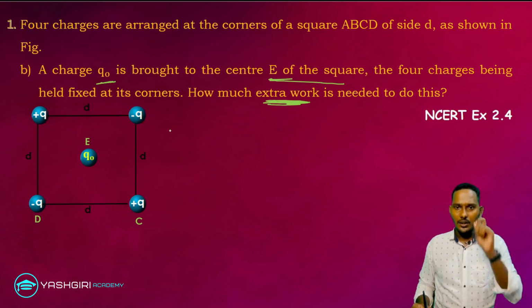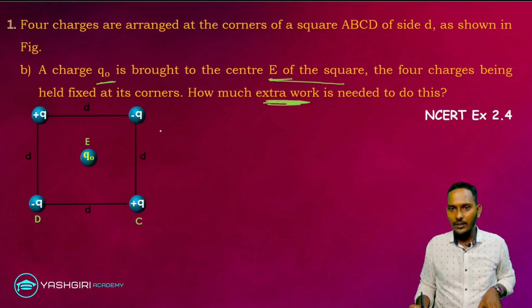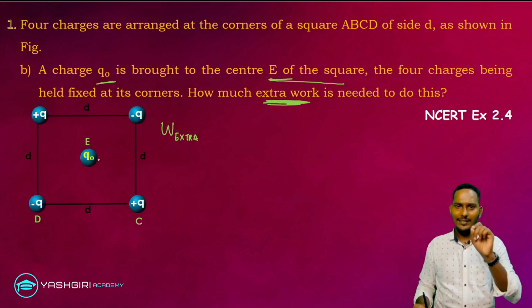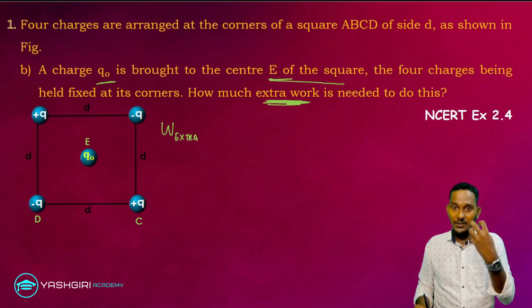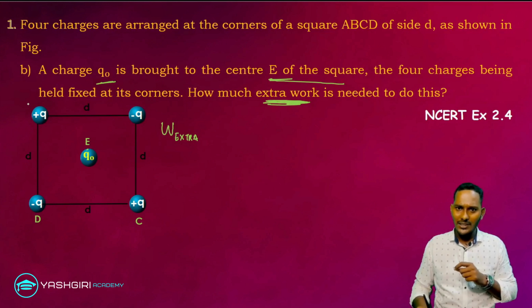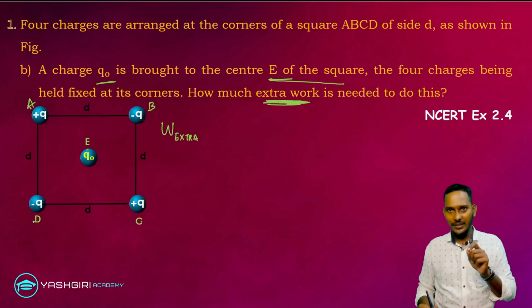So the extra work that we will be doing in getting this Q0 charge at point E will be the charge Q0 at a point E into the electric potential at point E due to all the charges which are placed over here at point A, point B, point C, as well as point D, right?